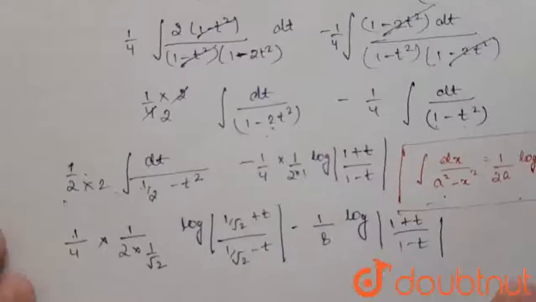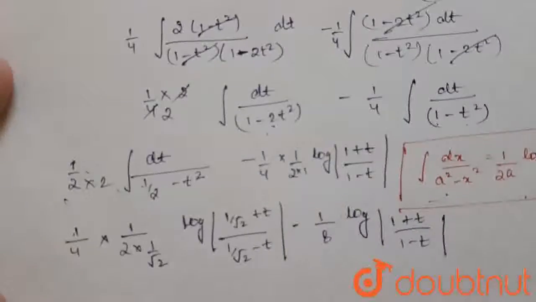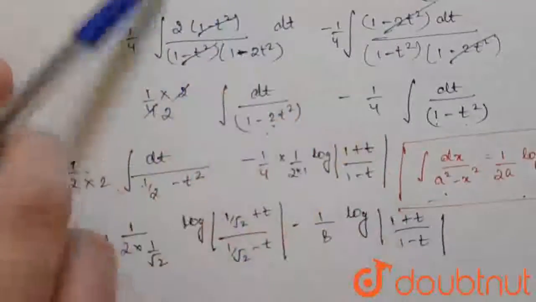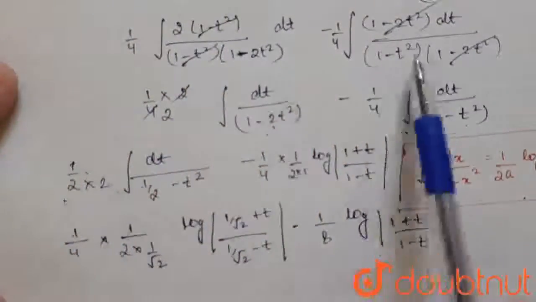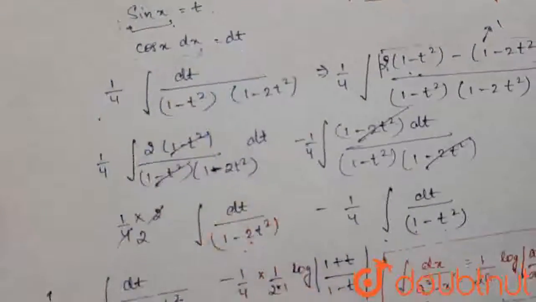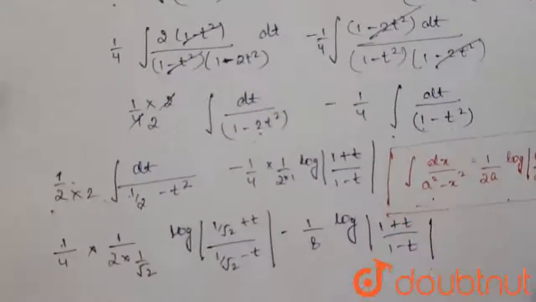So we are having this. Now we will put the value of t, the value of t as assumed by us. Sin x, we assume sin x as t here. So we will put the value of t here.